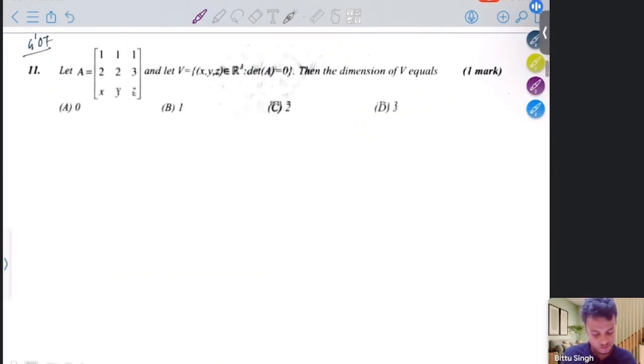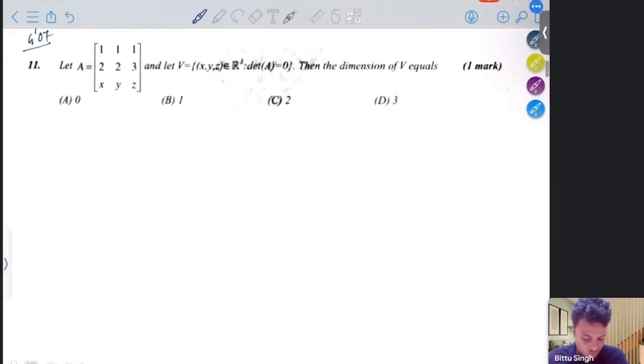Let us solve another question. Here it is from GATE 2007. A is given by this matrix, and the vector space is the set of x, y, z from R3, that is a subspace of R3, such that those x, y, z entries satisfy this relation.